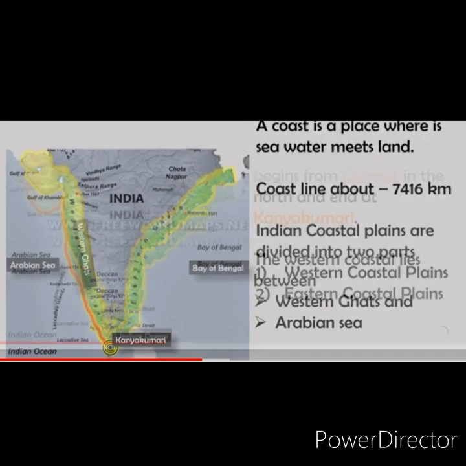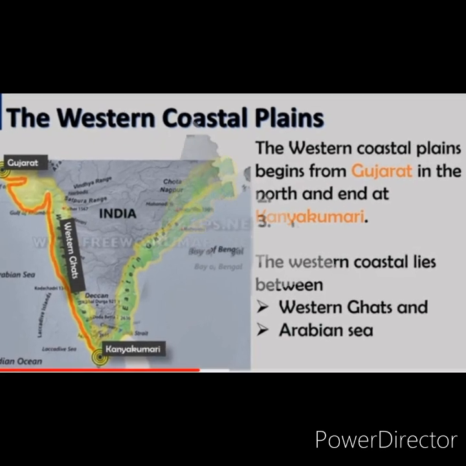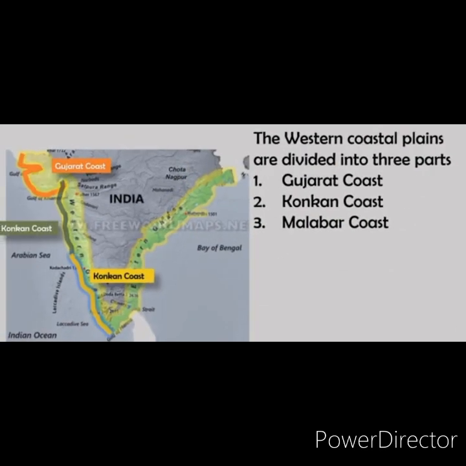The western coastal plain stretches from Gujarat to Kerala and is about 65 km wide. In the northern part, the western coastal plain is called the Konkan Coast, and in the southern part it is called the Malabar Coast.